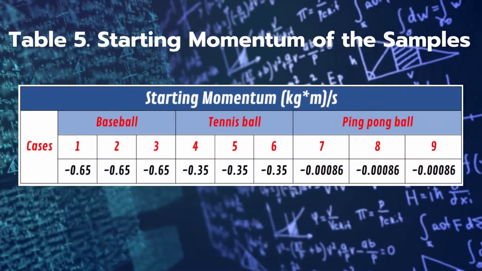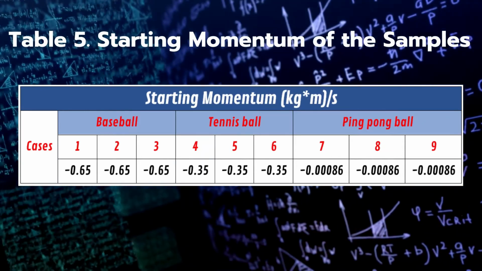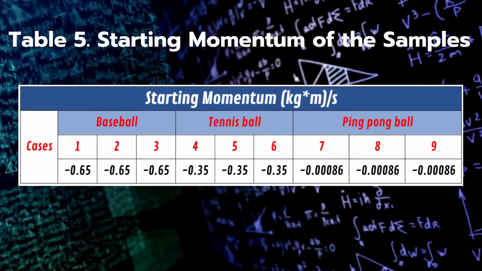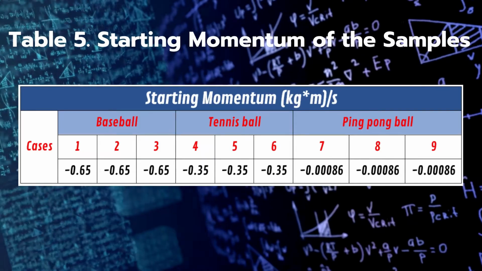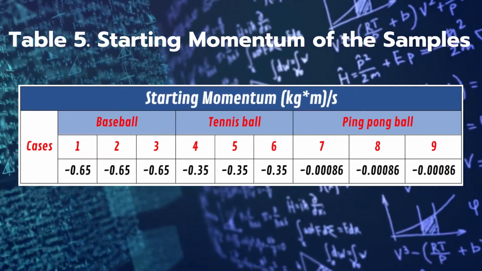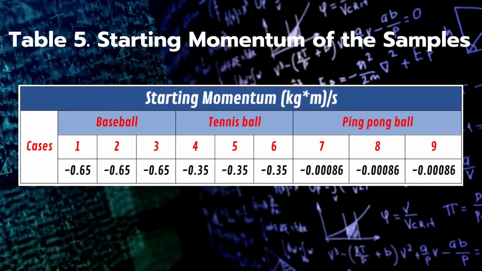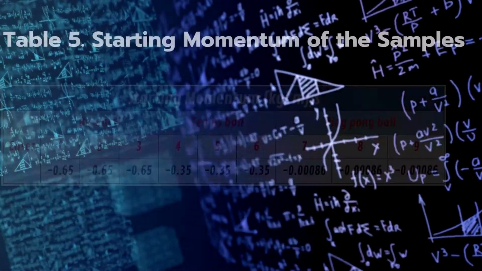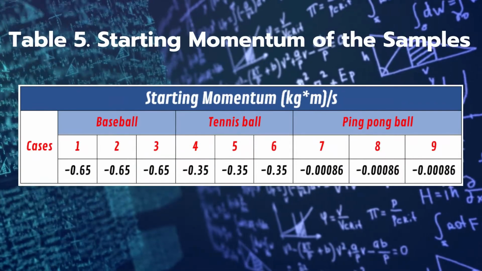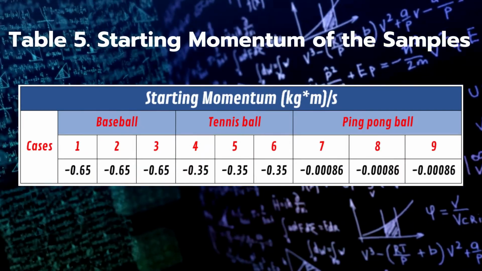In the first three cases of the baseball to carpet, tiles, and concrete floor, their starting momentum are all negative 0.65. And for the next three cases of the tennis ball to carpet, tiles, and concrete floor, their starting momentum are all negative 0.35.